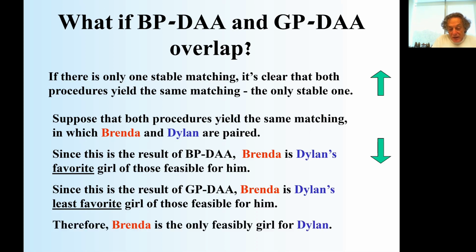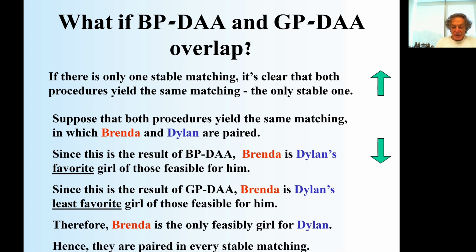Therefore, Brenda is the only feasible girl for Dylan, feasible in the sense that they can be matched in any stable matching. So if Brenda is the best and also the worst for Dylan, Brenda is the only one for Dylan, and the same for everyone else.